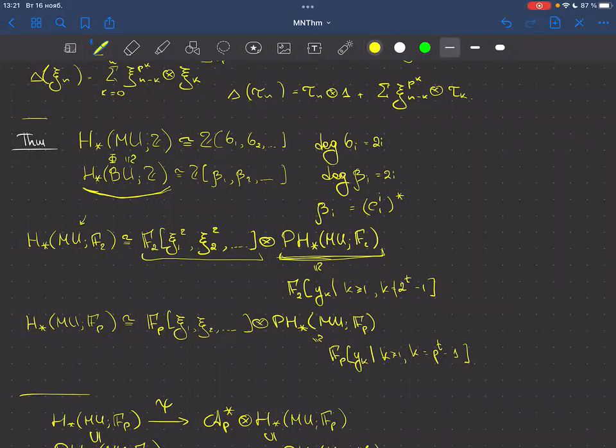And this is almost the same multiplication which appears in homology of MU.